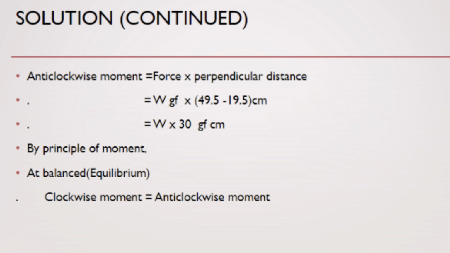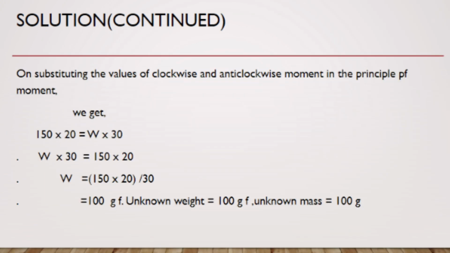So what is the difference between them? We can say that is 30. The unknown weight is equal to 150 into 20 upon 30, and after solving it, 100 gram force. And finally we can write in terms of mass as 100 gram.